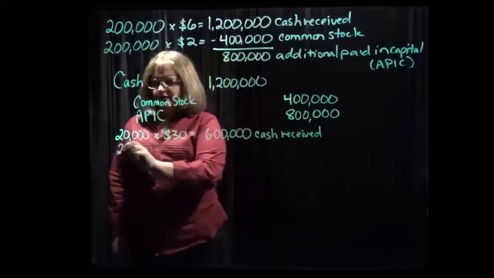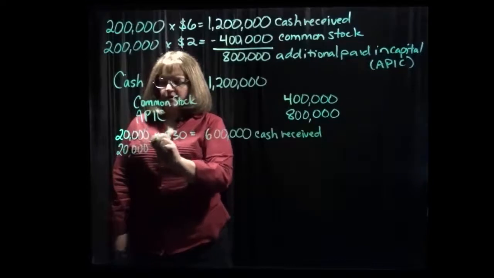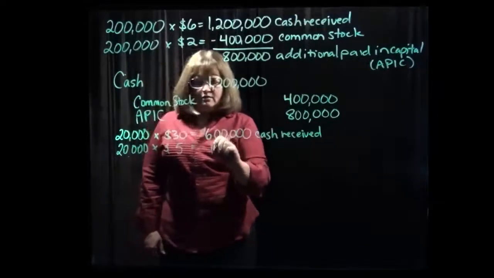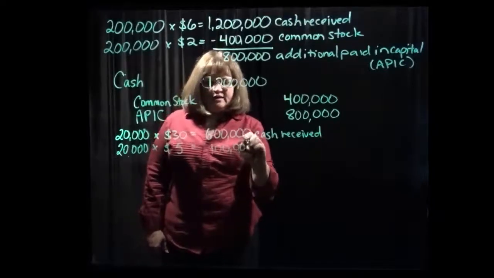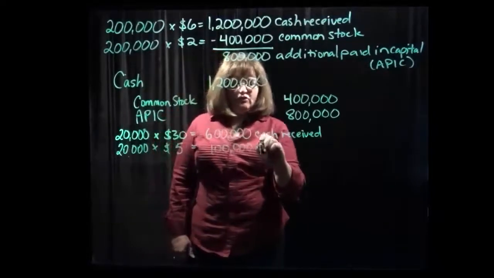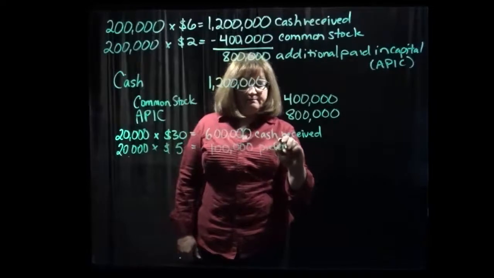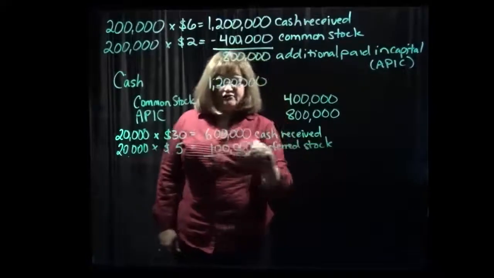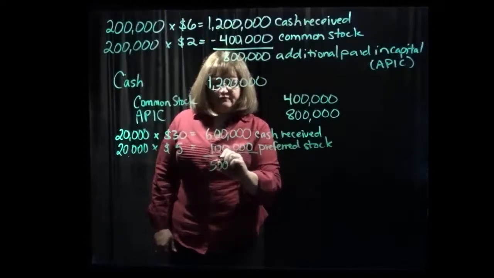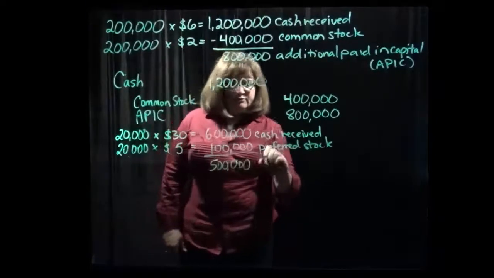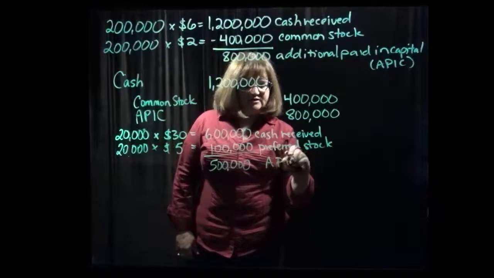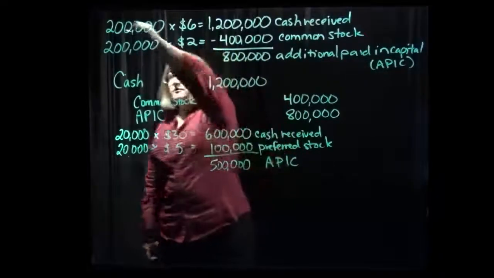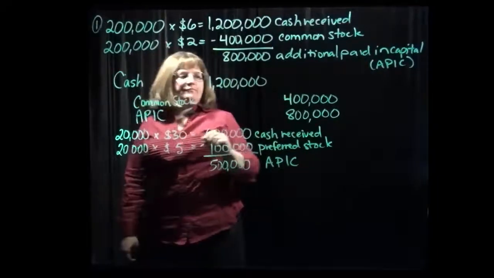We then take the 20,000 times the $5 par value to get the amount that we're actually going to record as preferred stock. The difference then of 500,000 is what we will record as additional paid-in capital for those preferred shares. So this was requirement number 1.